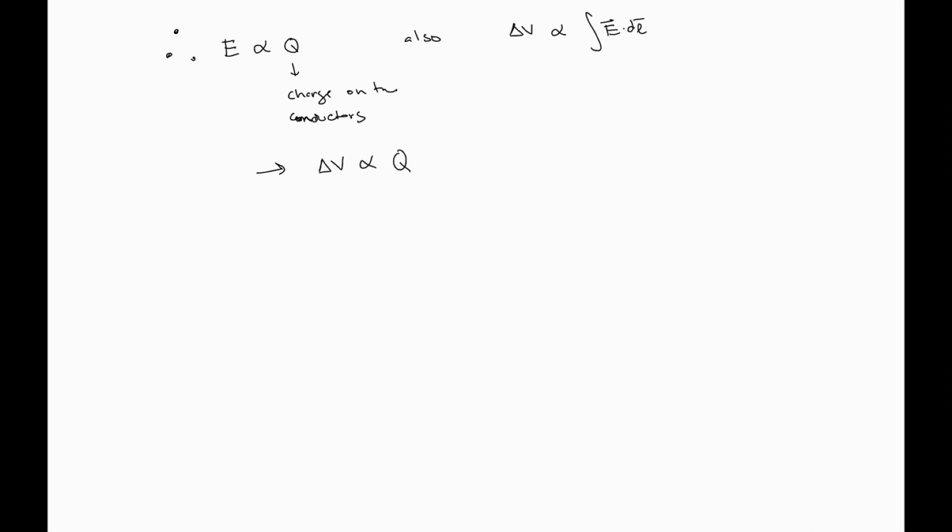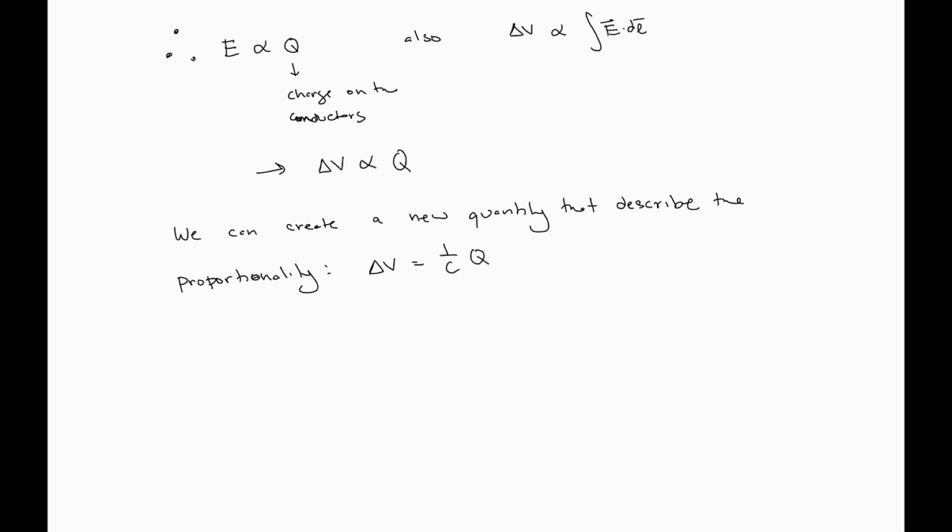So based on this, we can create a new quantity, and maybe the best way to think about it is, if I have a certain delta V, it's actually 1 over C times Q. So C is going to be our capacitance here.